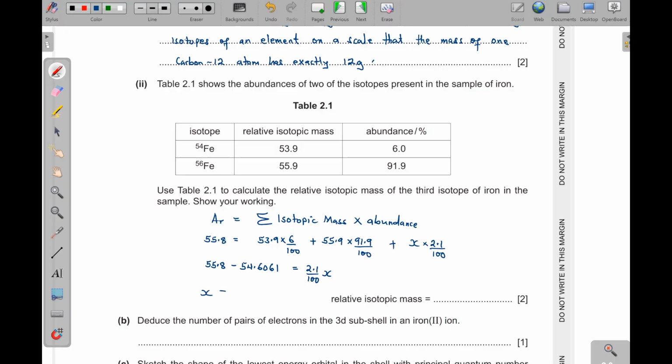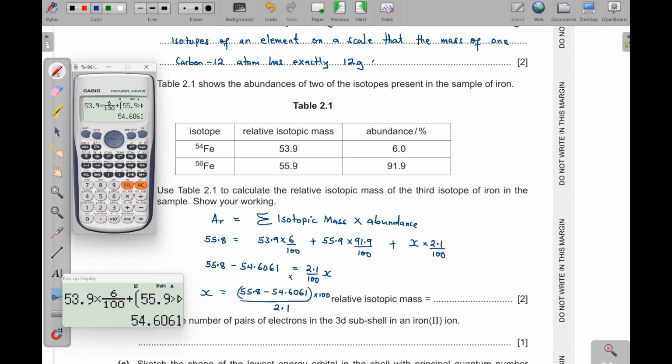So meaning your x is going to be, when we cross multiply, then we divide all through by what? 2.1. So it will be 55.8 minus 54.6061, then we multiply it by 100 and divide it by 2.1. So what will be our answer?